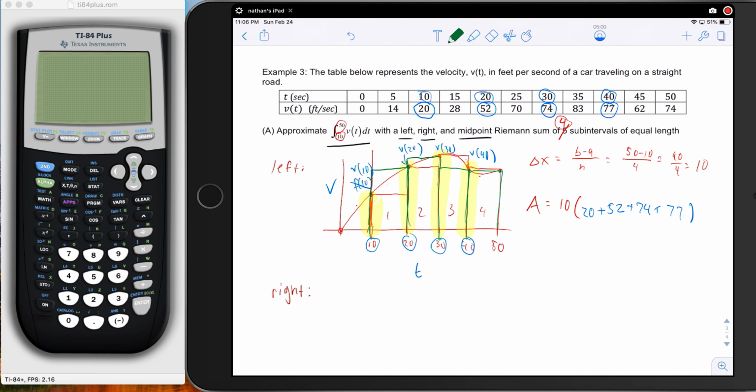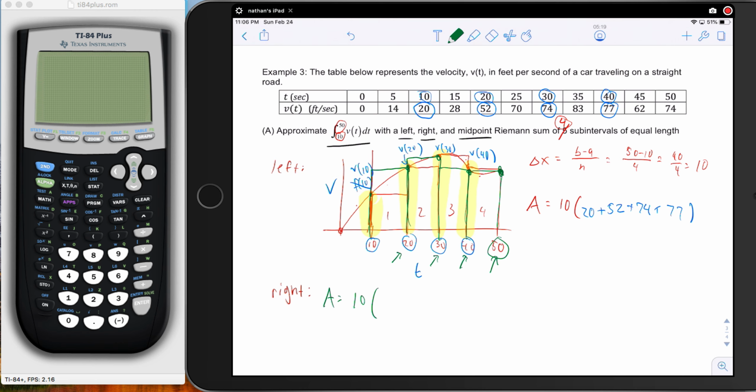And so in this case, we know the area is going to be, once again, the width times, but now it's going to be the v of 20, the v of 30, the v of 40, and then the v of 50, because it's the right corner each time.